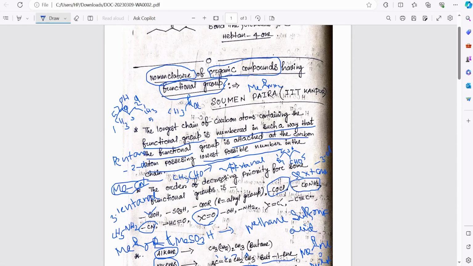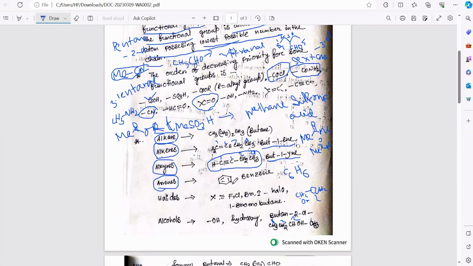Suppose one organic molecule contains different kinds of functional groups like COOH, that is the acid; SO3H, sulfonic acid; COOR, R meaning any alkyl group, that means ester; COCl, acyl chloride; CONH2, amides; CN, nitrile; CHO, aldehyde; CO, ketone; OH, alcohol; NH2, amine; C double bond C is the alkene; C triple bond C is the alkyne.